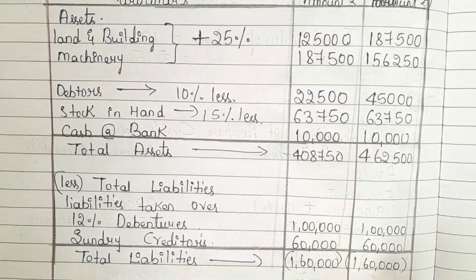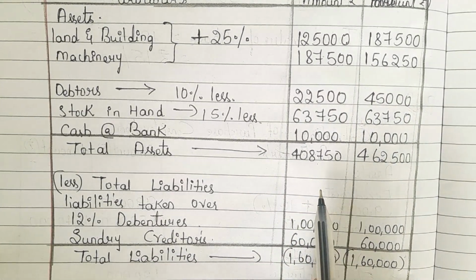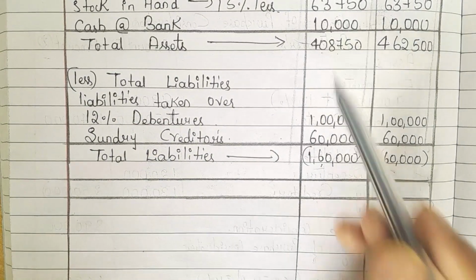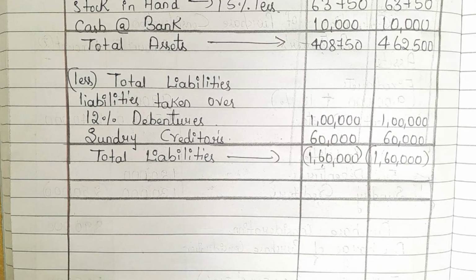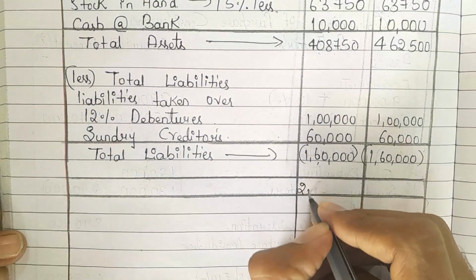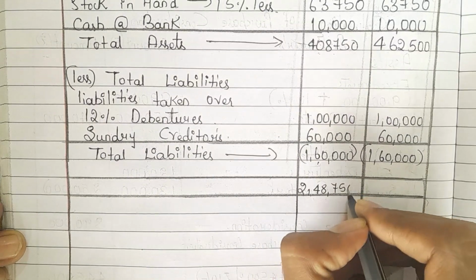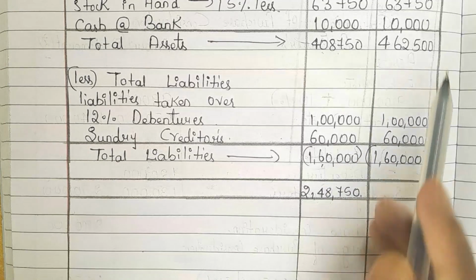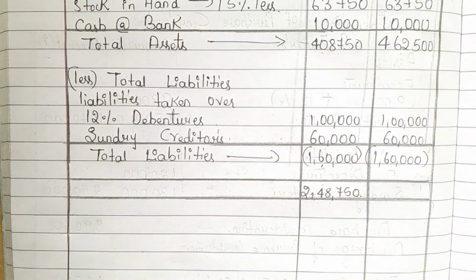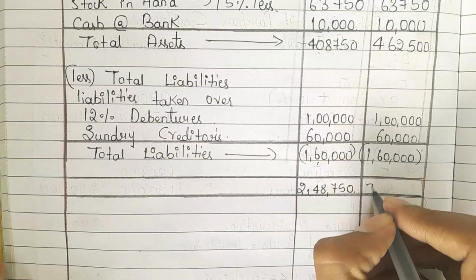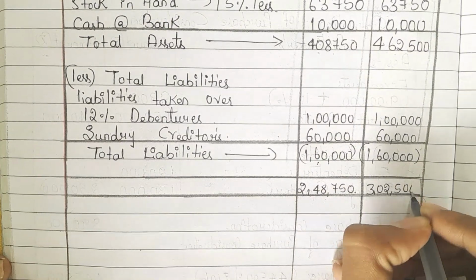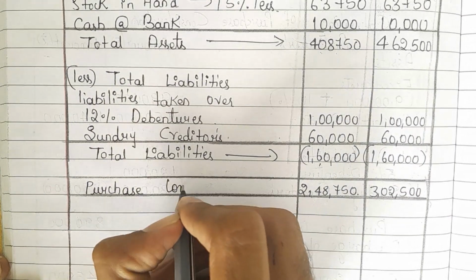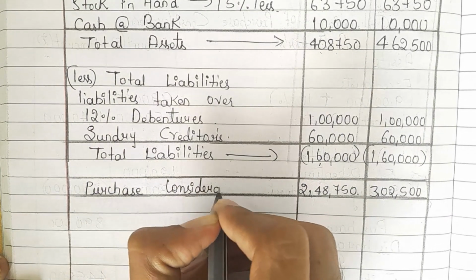Now subtract this 1,60,000 from 4,08,750. You will get 2,48,750. Then when you subtract 1,60,000 from 4,62,500, you will get 3,02,500. What is this? This is purchase consideration.